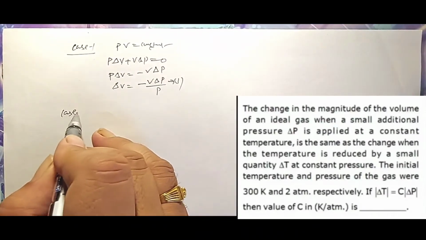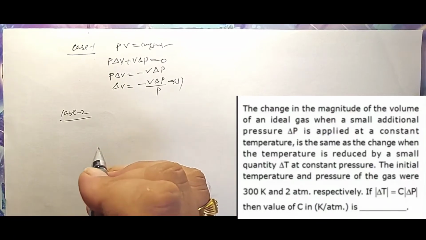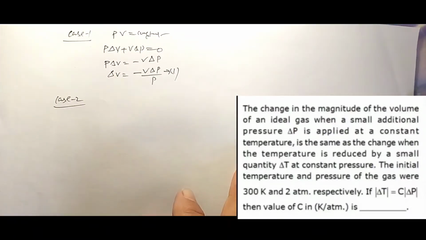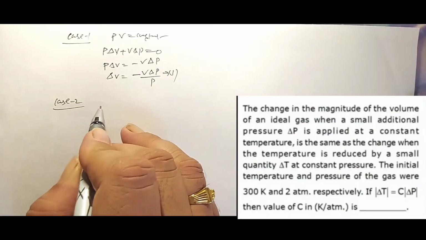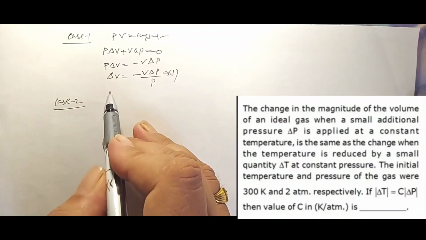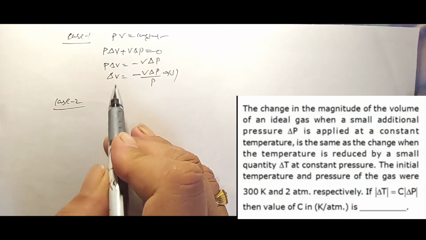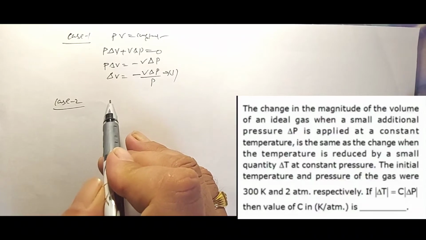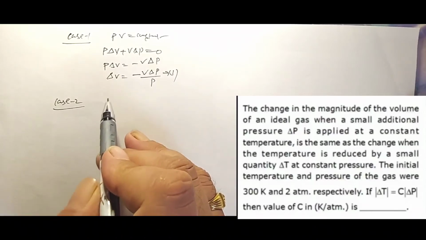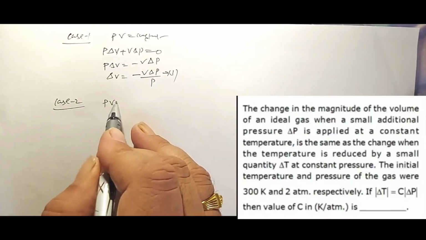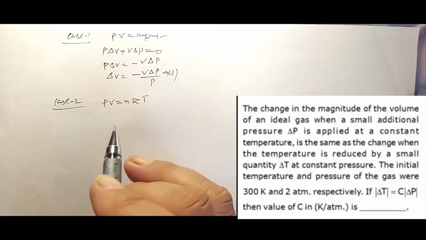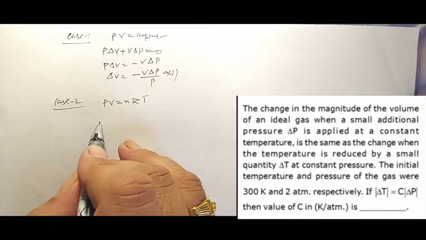Now case 2. In case 2, we get the same change in volume when the temperature is reduced by a small quantity delta T at constant pressure. We know that PV is equal to nRT.